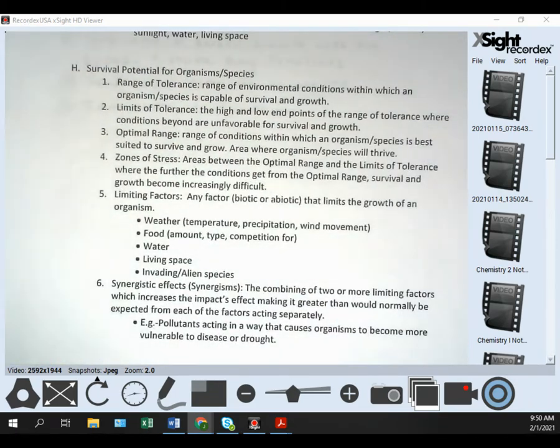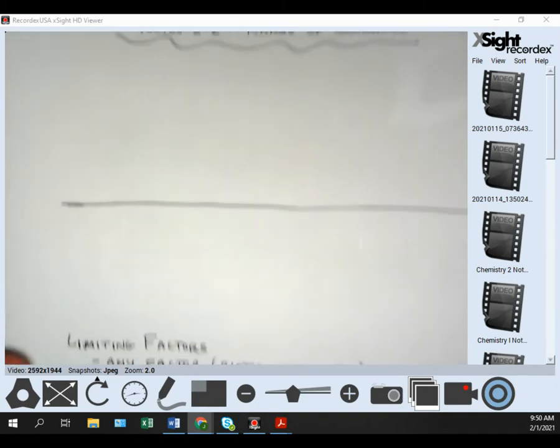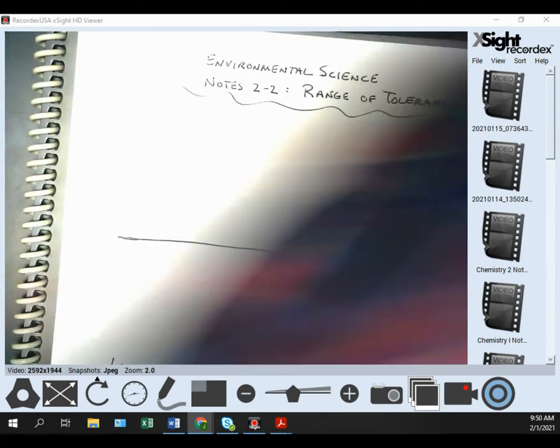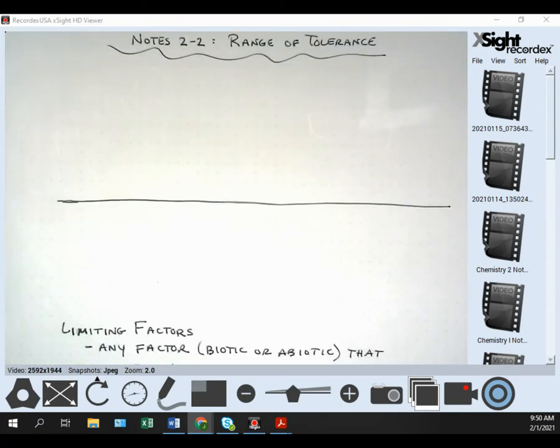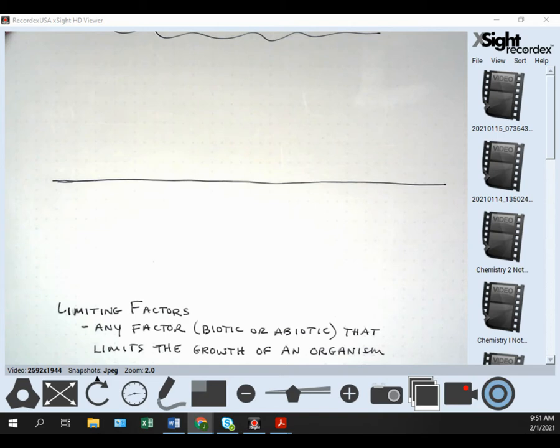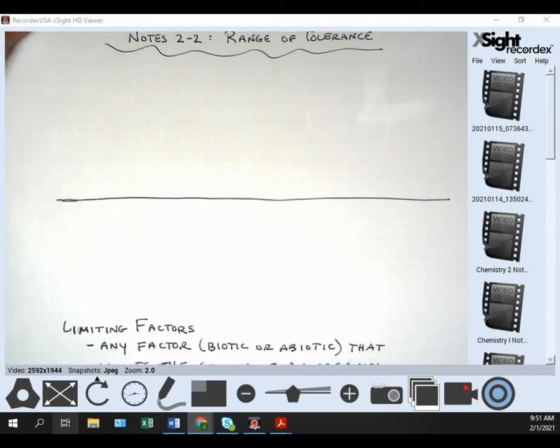So what I've done here is, and I'll put this up online once I get it drawn out here, essentially what's going to be, it's not really a timeline. It's a range of tolerance line here. And then I've got the limiting factor information down here, what it is.